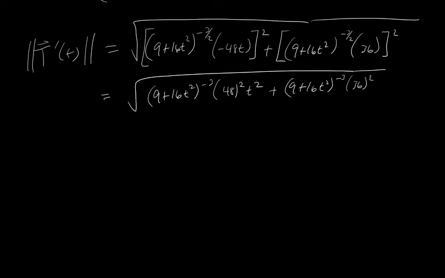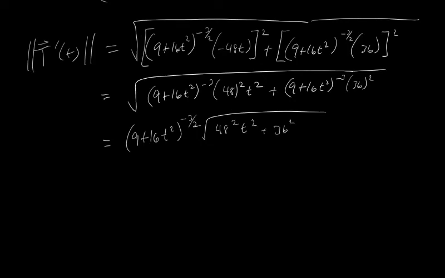I'm going to factor out the (9 + 16t²)^(−3), and because we're taking the square root of that, it becomes (9 + 16t²)^(−3/2), times the square root of 48² t² + 36². Okay, so now we can find N. I'm sorry, not T, N. Now we can find N.